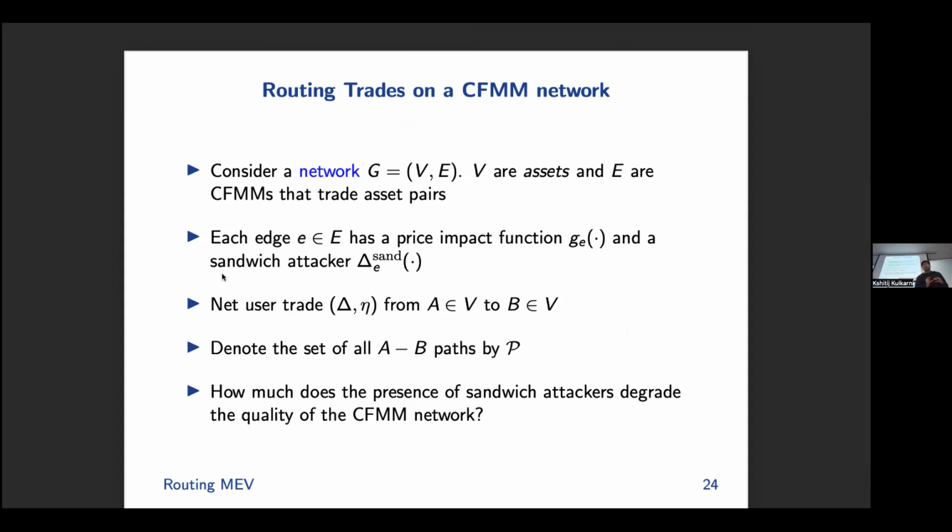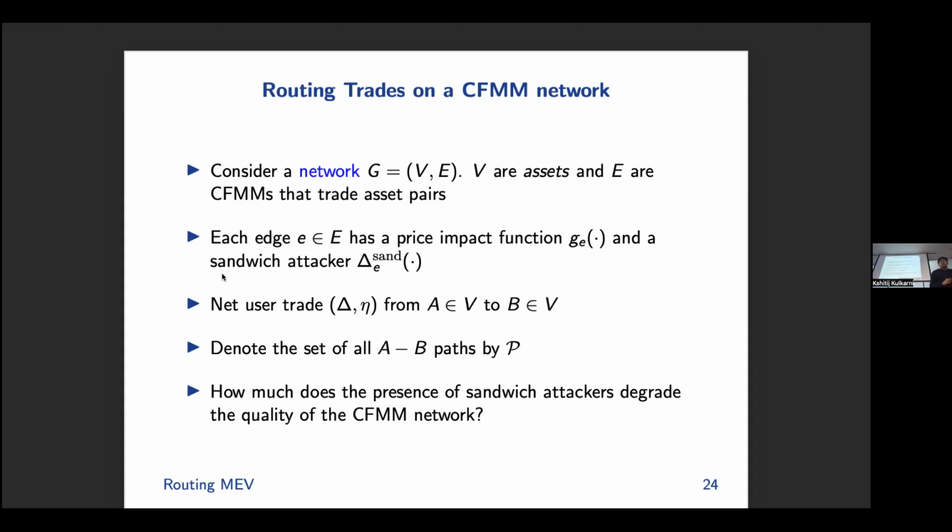Every edge is going to have its own price function, this little g function that we've been working with, and every edge is going to have a sandwich attacker present on it. Now there's a user that wants to trade a size delta units, along with a slippage limit eta, from A to B. There are two nodes in the network.